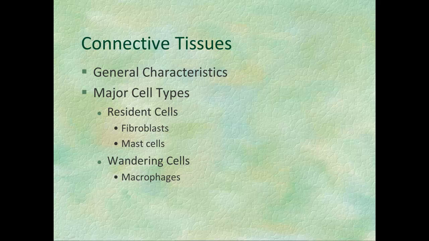Also found within connective tissues are cells called mast cells. The mast cells are also relatively large, prominent cells, also typically very widely distributed within connective tissues, although they're often located near blood vessels. Mast cells are actually cells which help to initiate inflammatory responses.